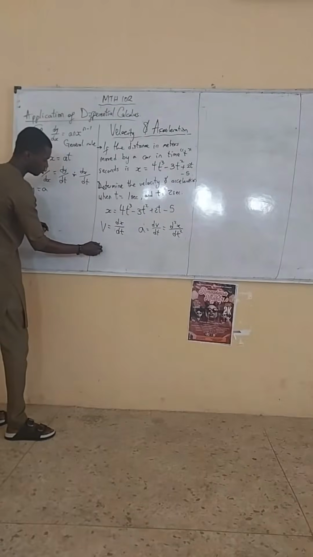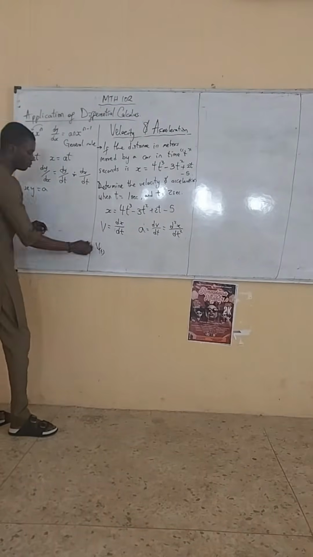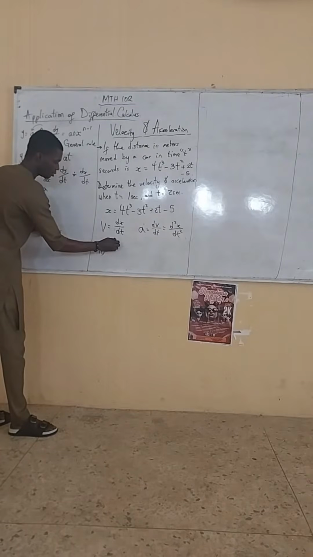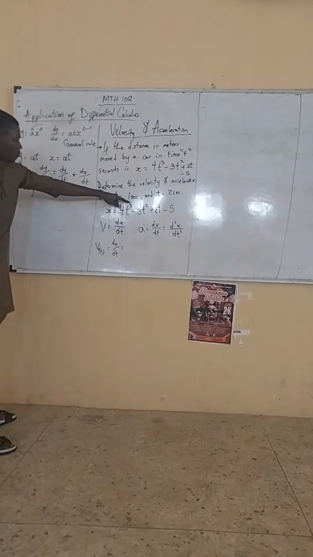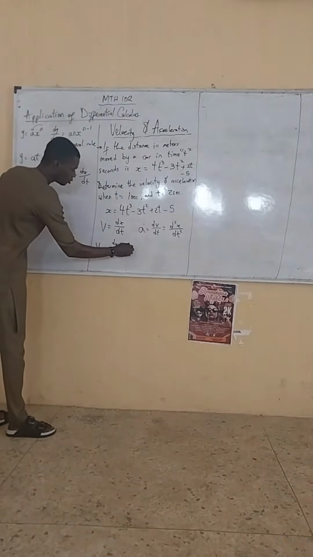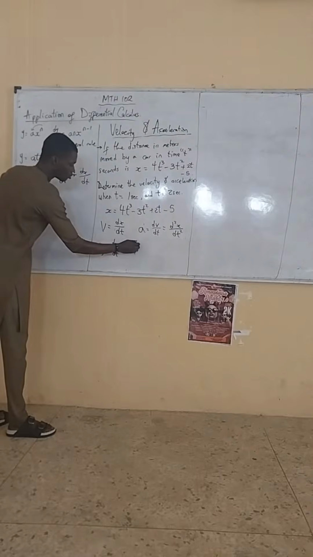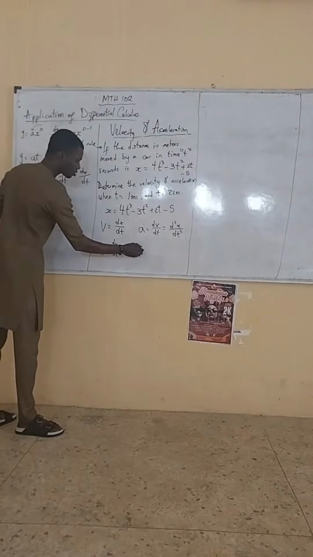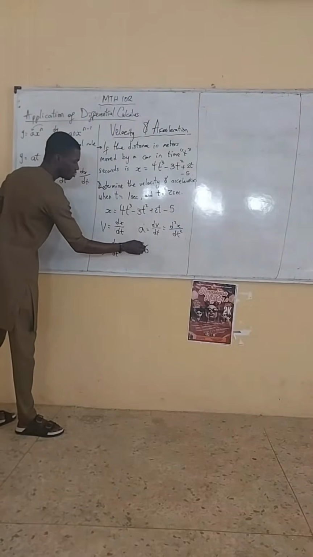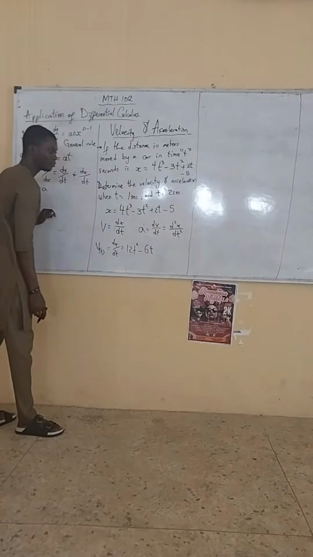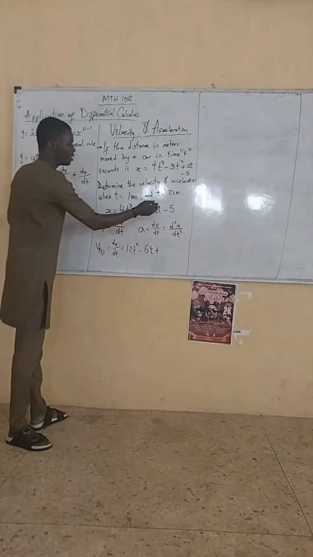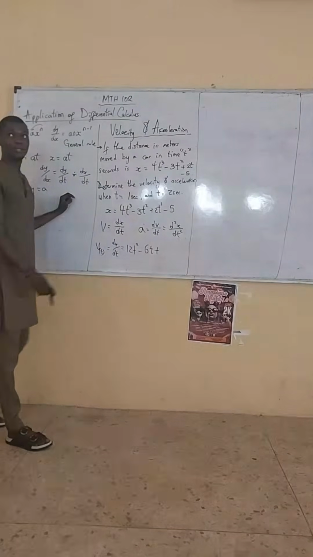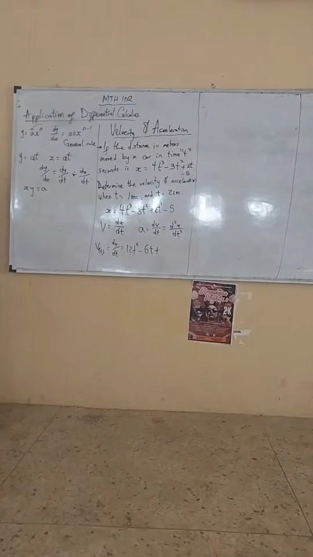Now, for the first one, to get the velocity in terms of t, that's dx/dt. The derivative of this gives us 4 times 3, that's 12, then take 1 from the power, 12t squared, minus 3 times 2, that's 6, take 1 from the power, that's t, plus, when you have 2t, you have t raised to power 1, right? 1 minus 1 is 0. t raised to power 0 is what? 1.